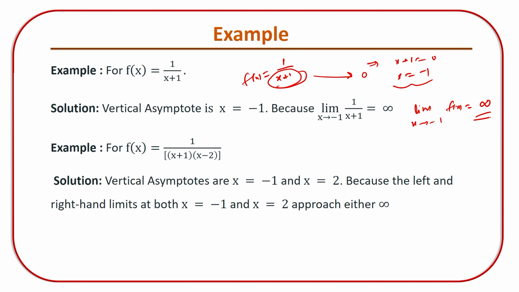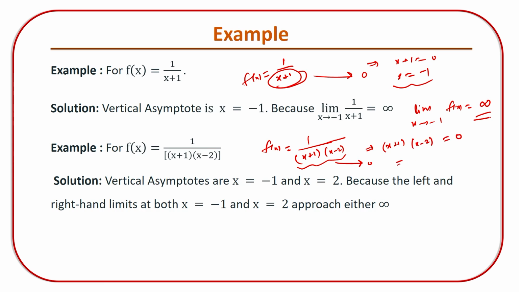Similarly, for f of x equal to 1 by (x plus 1) into (x minus 2), let us do that. I have to make this denominator 0, so (x plus 1) into (x minus 2) equal to 0, right?